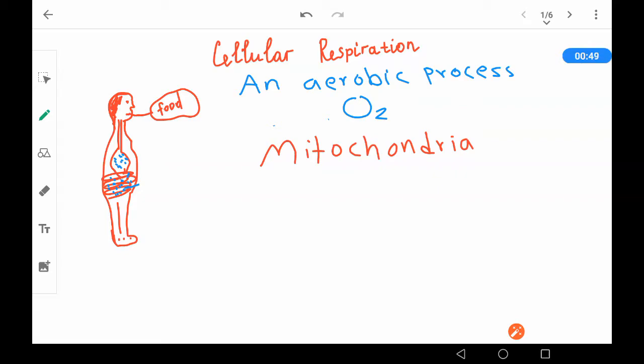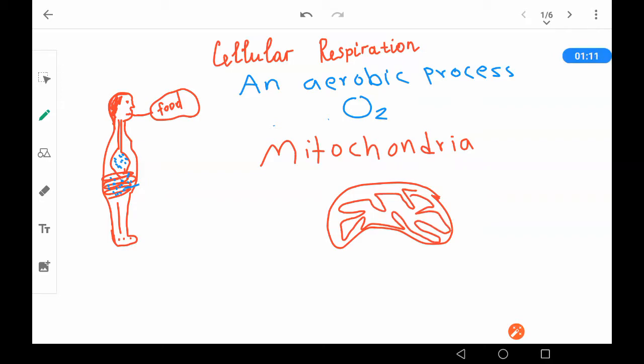As we know, the mitochondria is a bean-shaped double membrane organelle. It has two membranes. The inner membrane has many foldings like this. We call it inner membrane, or it has another name, cristae.